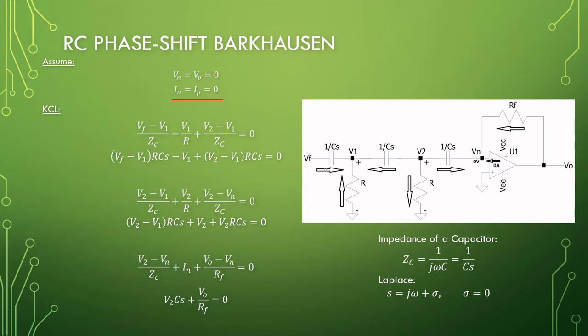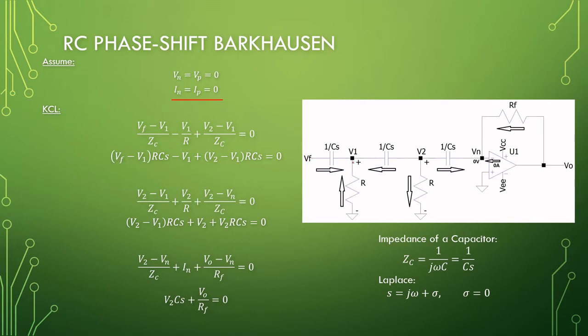So we define our currents to do a Kirchhoff's current law. So select all the currents flowing into this first node, select all the currents flowing out of the second node, and again select all the currents flowing into the third node. So the sum of the currents here is 0, the sum of the currents here is 0, and the sum of the currents here is 0. And we can set up 3 different equations.